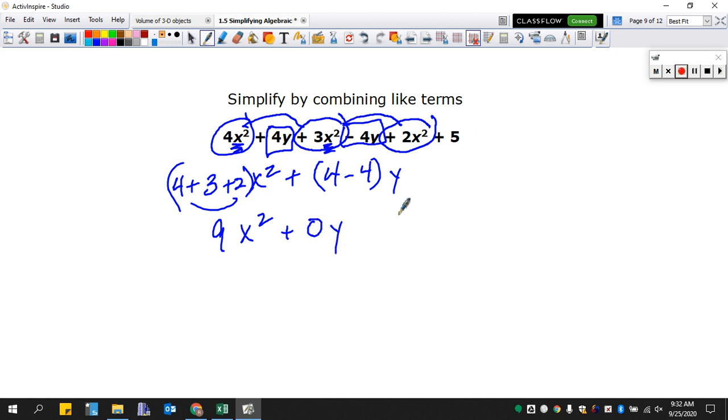And then the only thing we have left here is a plus 5. All right. So what this means is that 0 times anything is going to be 0. So we can just eliminate it, and our answer would be 9x squared plus 5.